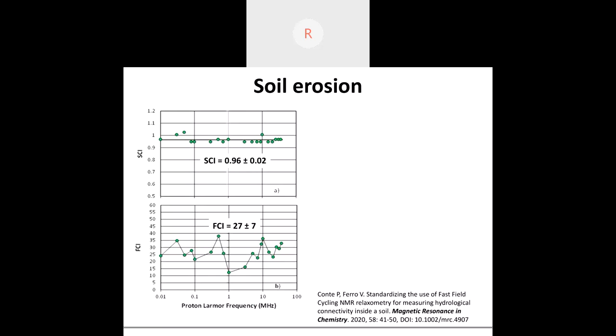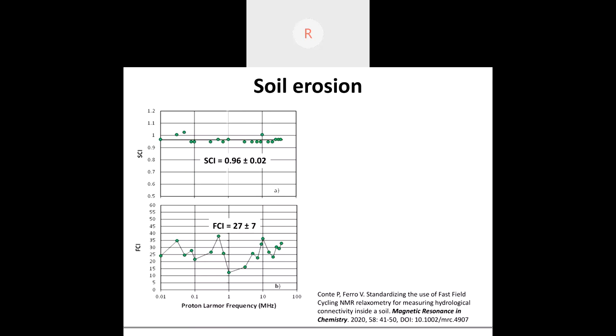This is the graph that we obtained, and as you see, the structural connectivity index gives an average value of 0.96, while the functional connectivity index gave average values of 27. What changes between these two different types of measurements is the error that you see.